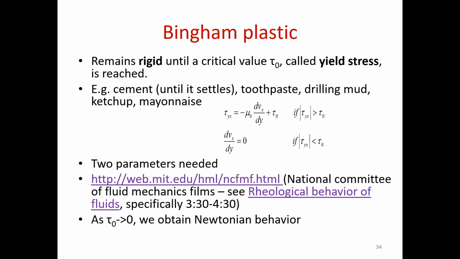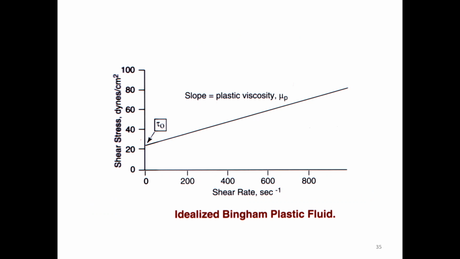So let's see which plots we have in this graph now. So basically here, this is shear stress versus shear rate. So here I have a tau 0 effective viscosity, but basically it would be my functional relationship there for a viscosity as a measure of shear rate.